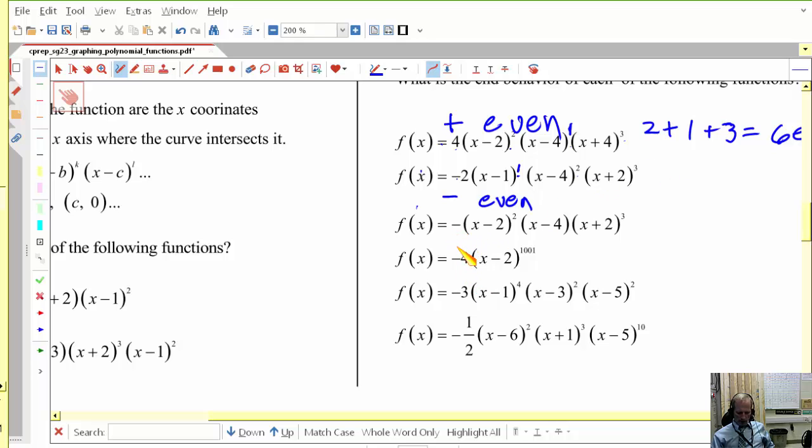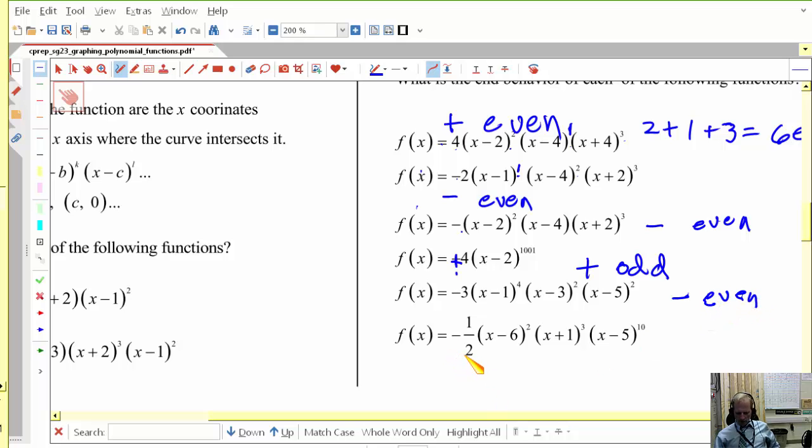The next one, this one right here, is also negative even. This one would be positive odd. This one would be negative even, because 4 plus 2 is 8.